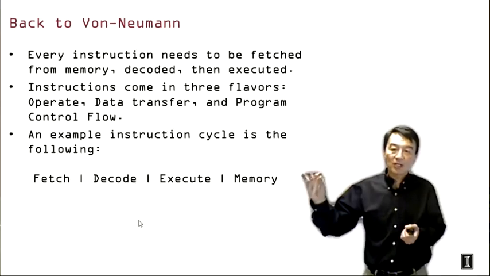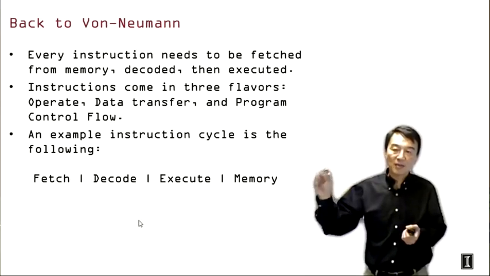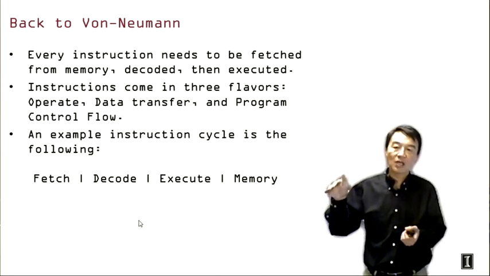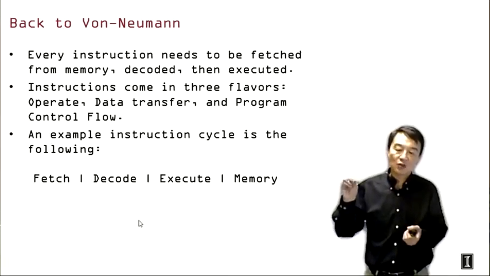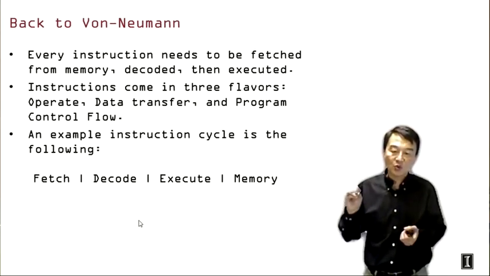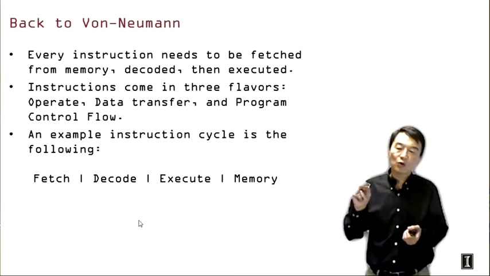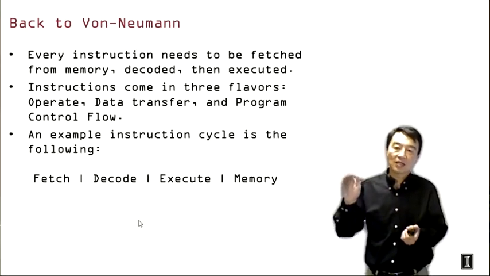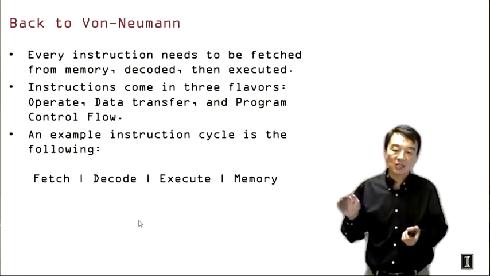The operate instructions, which are arithmetic instructions, logic instructions, and various data manipulation within the processor. Data transfer, which means memory loads and stores. And then there is program control flow, the instructions that will cause control flow in the activities of the processor.